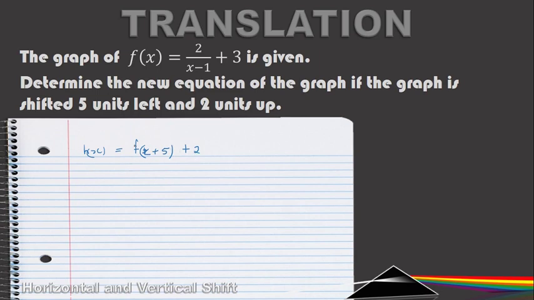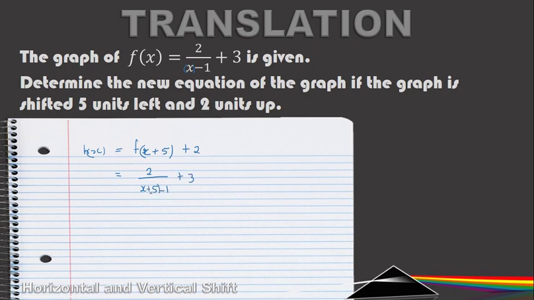So just to substitute into this equation, wherever we see x, we're going to replace it with x plus 5, and then at the end we're going to take this whole thing and add 2. So we're going to write it as 2 over x plus 5 minus 1, and then plus 3.